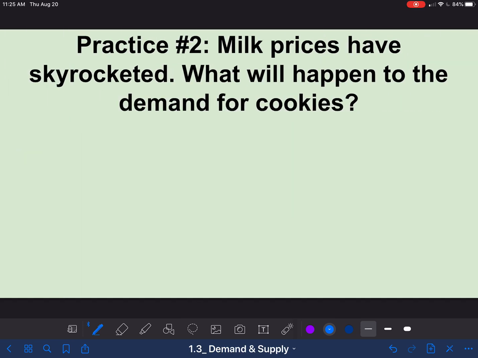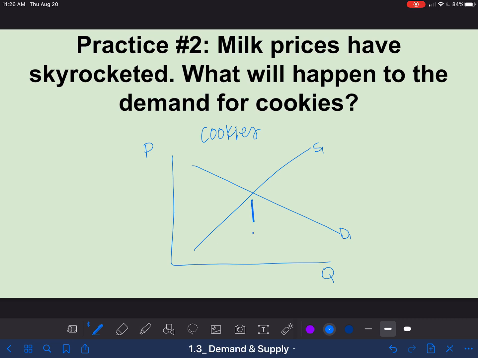So let's look at a second practice example. Milk prices have skyrocketed. What will happen to the demand for cookies? So we are actually graphing for cookies here. We're not graphing for milk. So we're going to have price on the vertical, quantity on the horizontal, supply curve slopes upward, demand curve slopes downward. We have quantity equilibrium and price equilibrium.